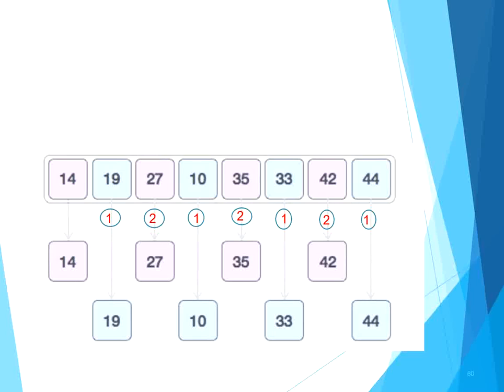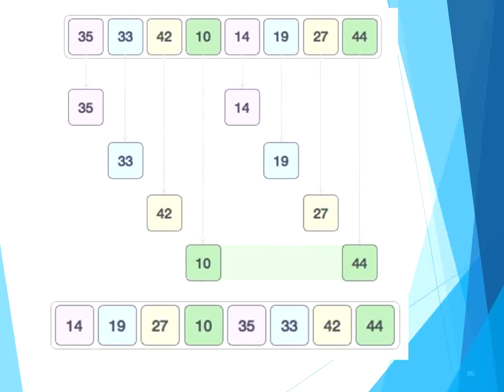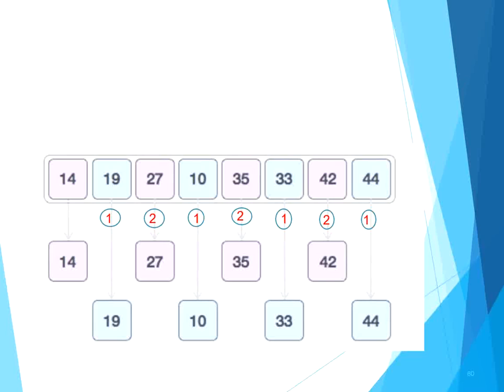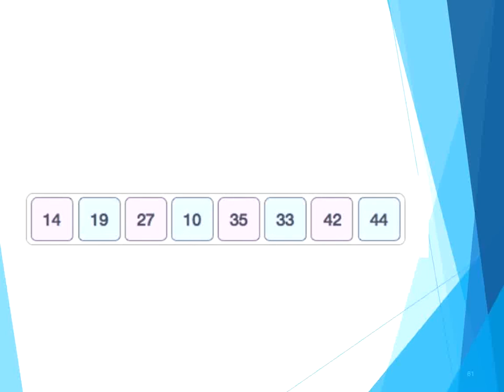So we will compare 14 with 27, and then 35 with 42. It's the same concept. In the previous slide we divided our list into the interval of 4. Here we are dividing our list with the interval of 2. So after this pass we have the list.